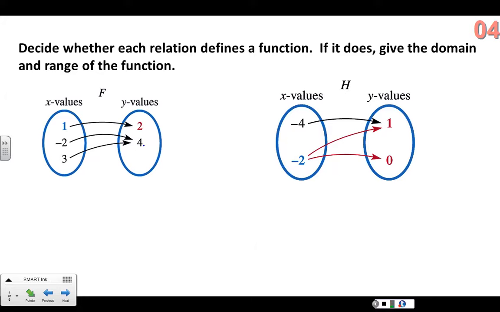Now the 4 here is repeated, but that doesn't matter. It doesn't matter if y values repeat themselves. So the domain would be the set 1, -2, and 3. And the range would be the set 2 and 4. So this f definitely is a function.